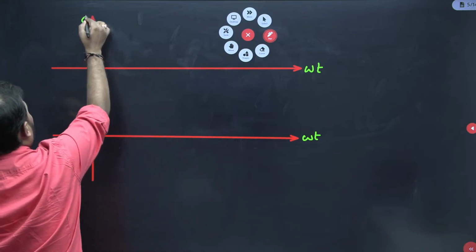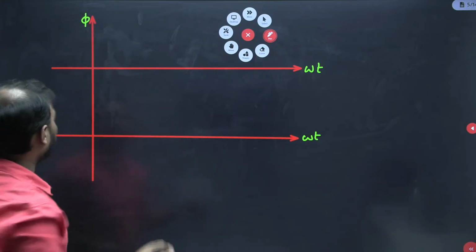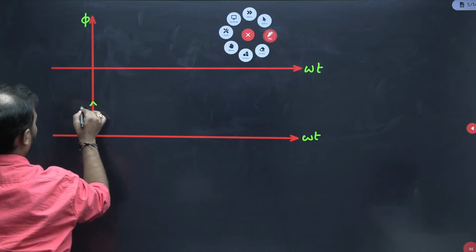This is your flux, which is phi m sin omega t, and this axis is your EMF.